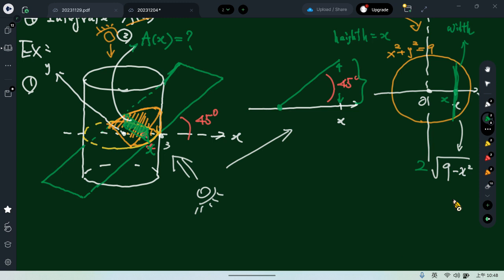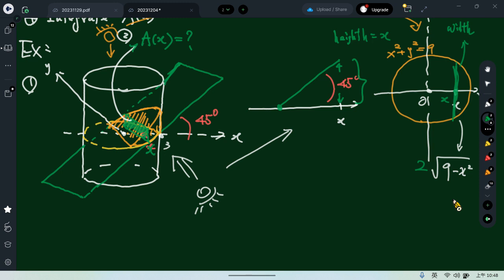Why times 2? Because if your x is here, your value will be the square root of 9 minus x squared. But you should double it. Here is one part, here is the other part. Then finally the width should be this one.